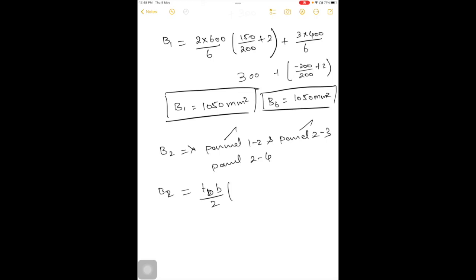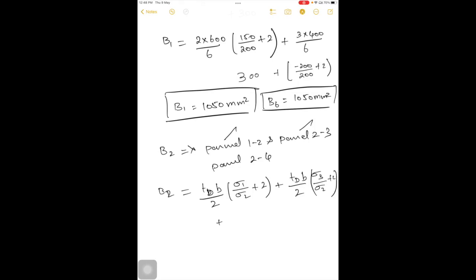We are considering boom 2, so sigma 2 has to be in the denominator and sigma 1 has to be in the numerator. So plus 2, then this for panel 1 2. Panel 2 3 plus TD, the thickness of the section into B divided by 6, and then sigma 3 divided by sigma 2 plus 2.